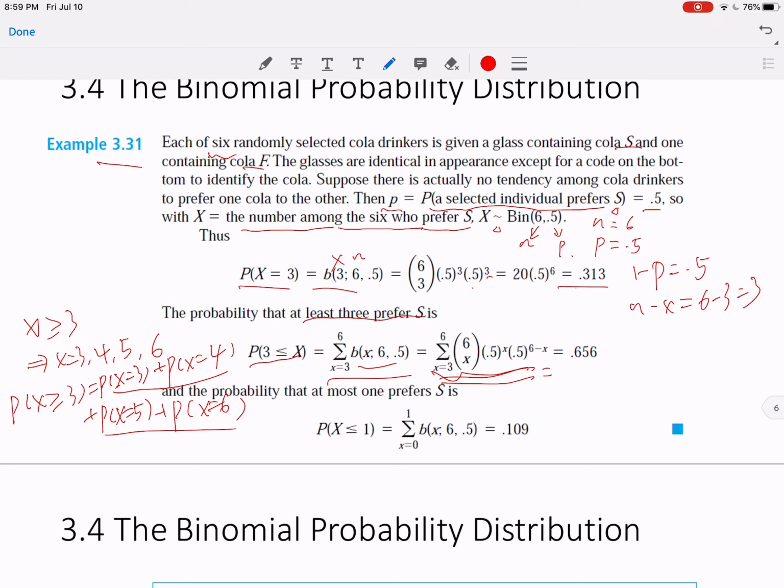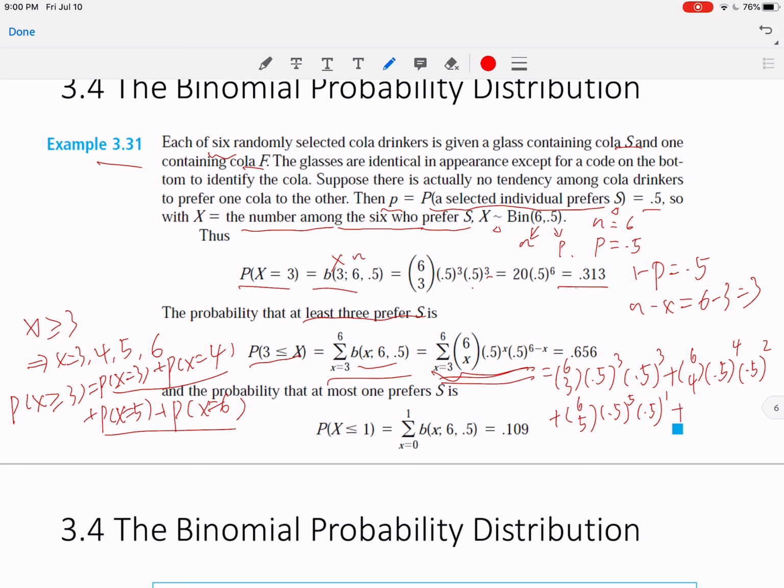If we spread it out, I just want to make it clear for you, this would be equal to, when x is equal to 3, 6 choose 3, 0.5 to the power of 3 times 0.5 to the power of 3. And then plus, if x is equal to 4, 6 choose 4, and then 0.5 to the power of 4 times 0.5 to the power of 2. And then 6 choose 5, that would be 0.5 to the power of 5, and then 0.5 to the power of 1.